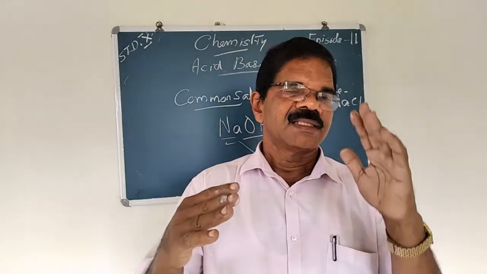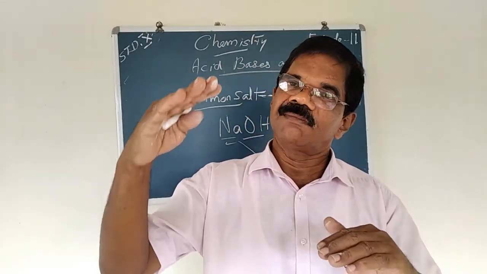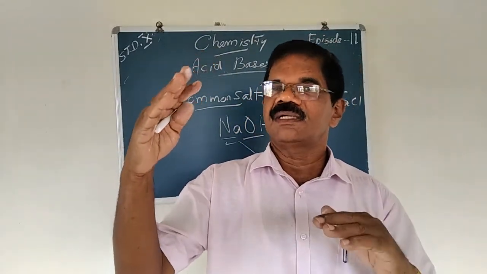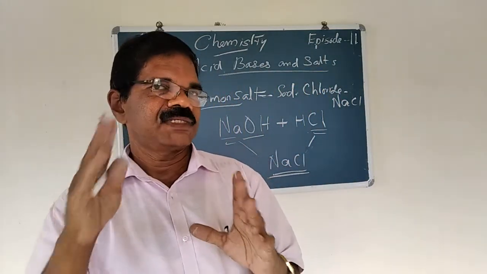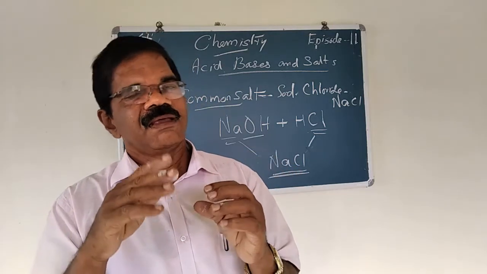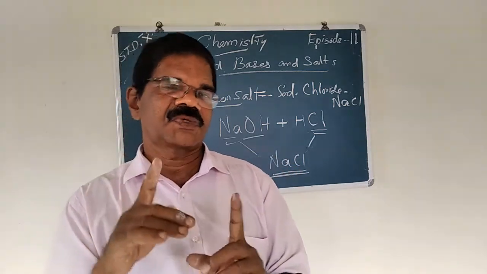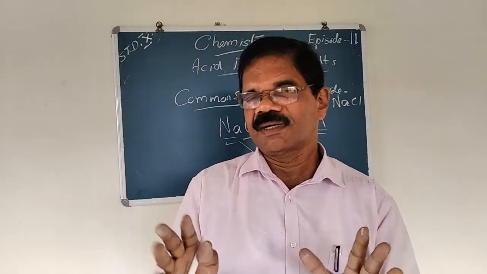If the base is strong and the acid is weak, the salt shows basic character. If both are strong, it is neutral. If either of them is strong, the salt also shows the property of that part.